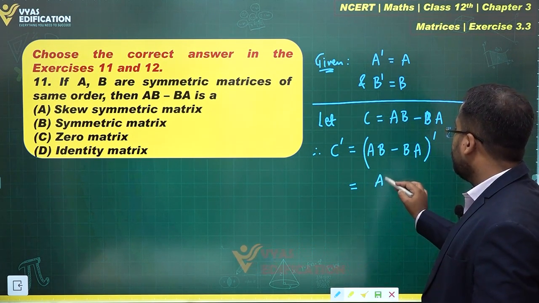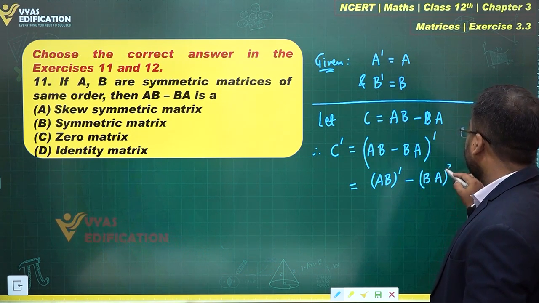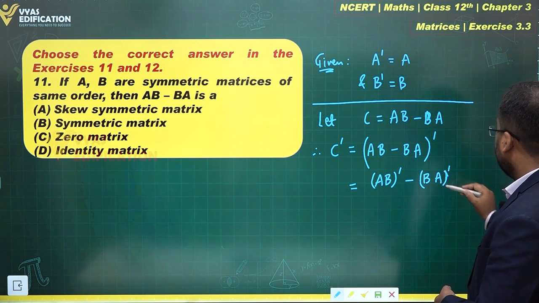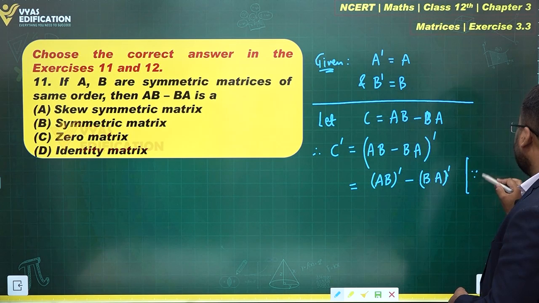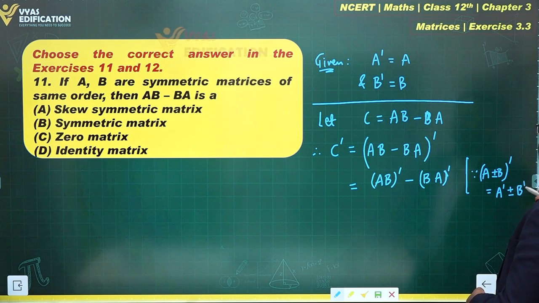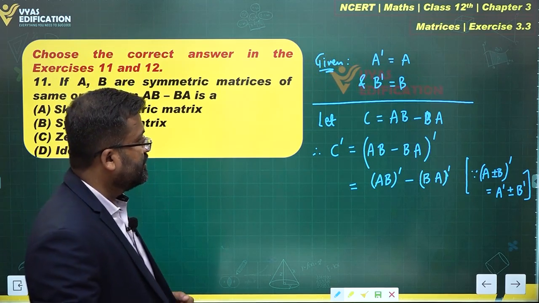So this will become AB transpose minus BA transpose. Using the property of transpose, since A plus or minus B whole transpose is equal to A transpose plus or minus B transpose. This is a property of transpose, and we are using it.